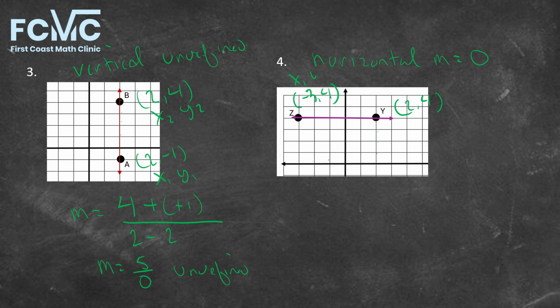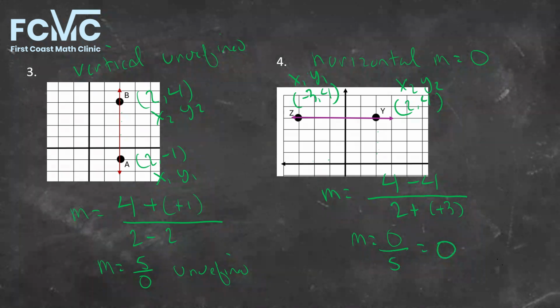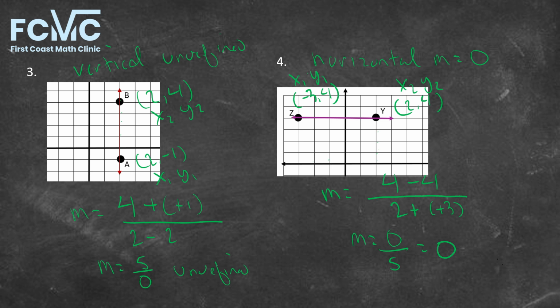This will be our x1, y1, x2, y2. So our slope is the difference in the y's, 4 minus 4, over the difference in the x's, 2 minus -3. Our numerator, 4 minus 4, is 0. 2 minus -3 becomes plus positive, and we get 5. 0 out of 5 is still going to be 0. So our horizontal slope was 0, and our vertical slope was undefined.